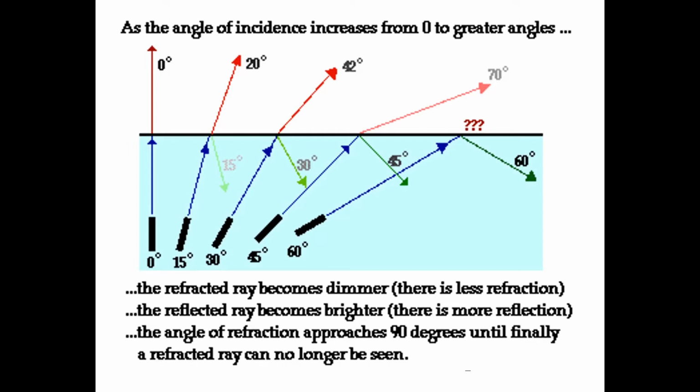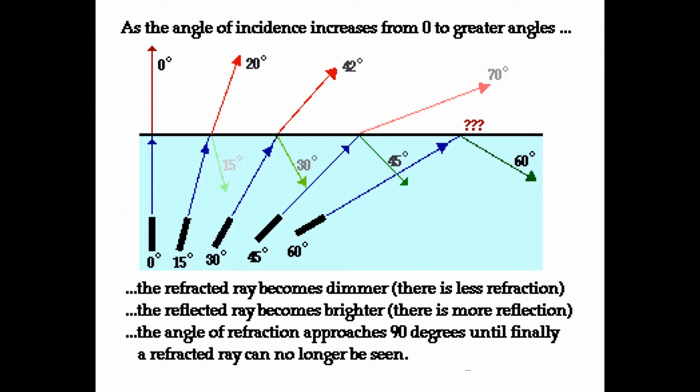Moving to the right, in the second example, when the incident ray is 15 degrees, the refracted ray will be 20 degrees. Continuing to the right, if the incident ray is 30 degrees, the refracted ray will be 42 degrees. Next to the right, if the incident ray is 45 degrees, the refracted ray will be 70 degrees.